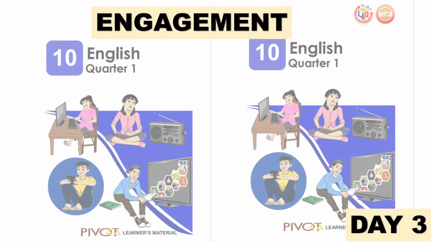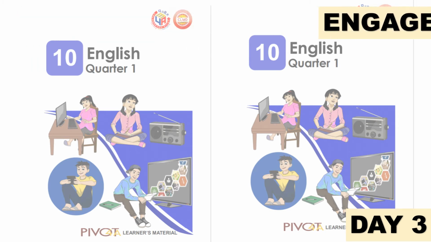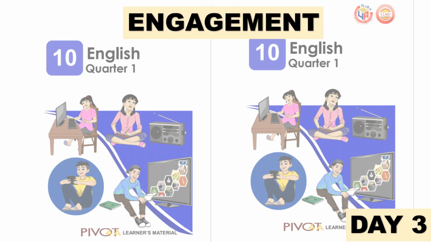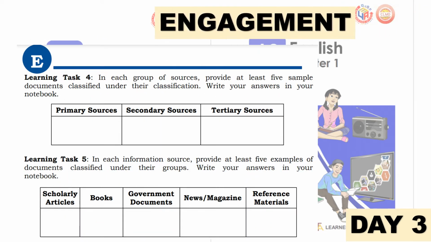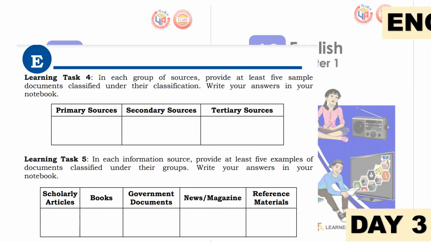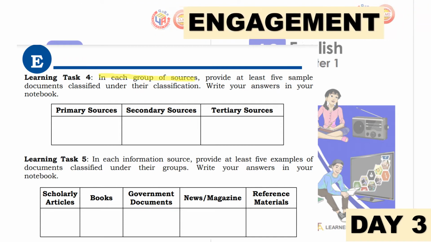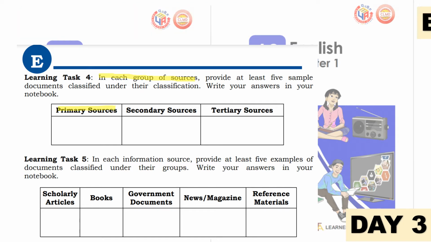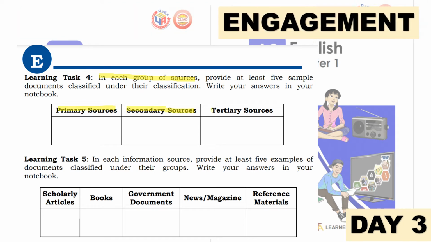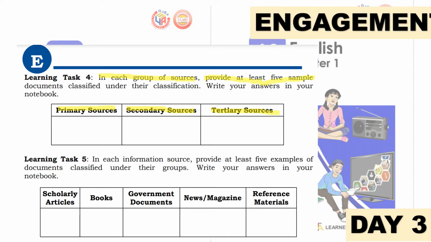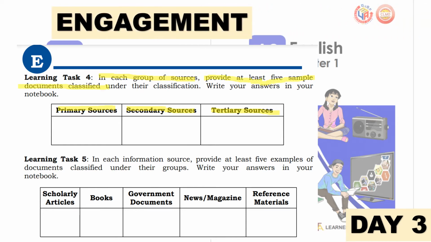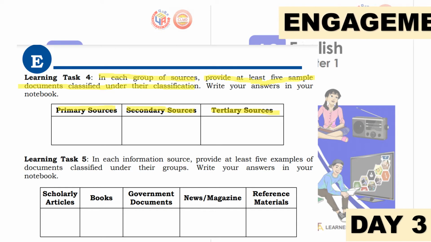You are getting near the last day. Hang on there. For day 3, you have learning tasks 4 and 5. For learning task 4, in each group of sources, primary sources, secondary sources, and tertiary sources, provide at least 5 samples of documents classified under their classification.